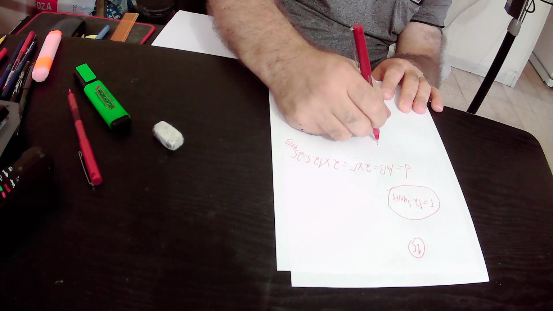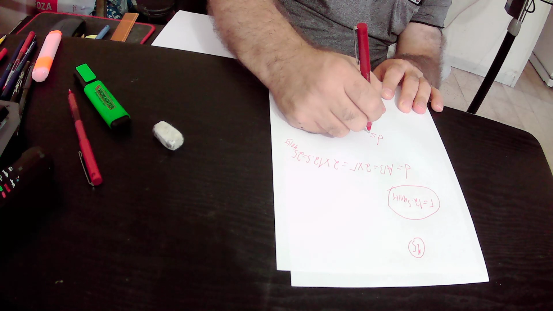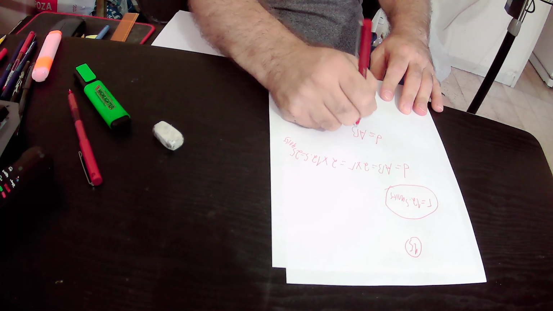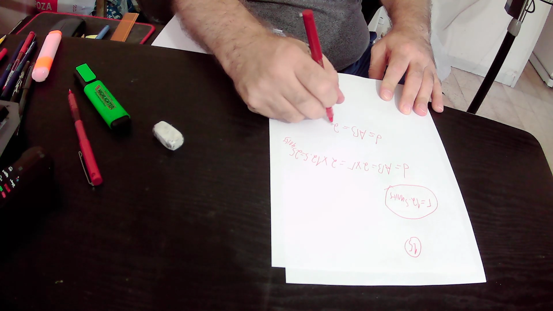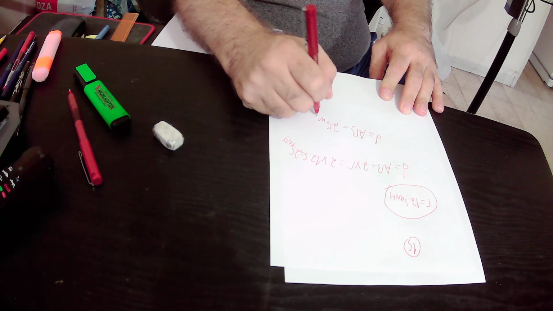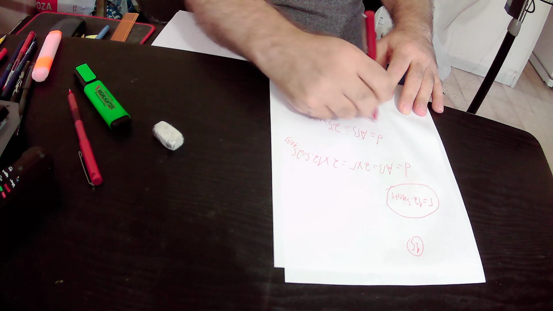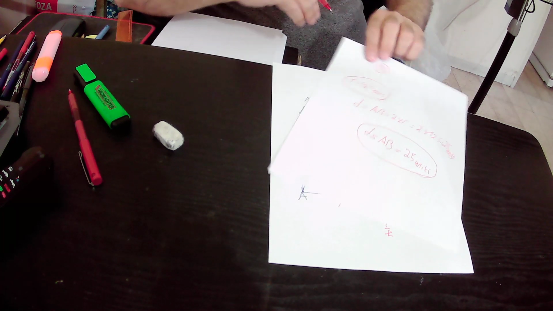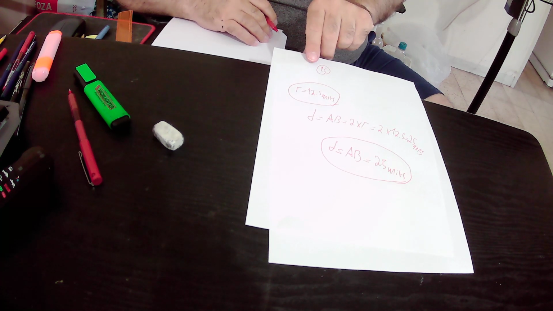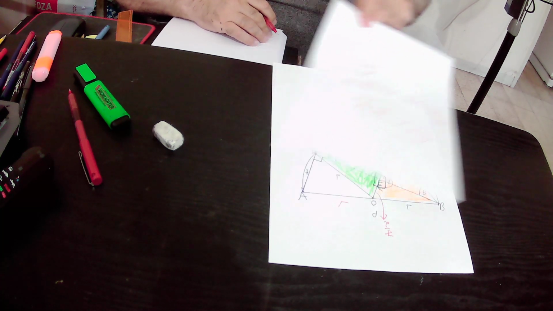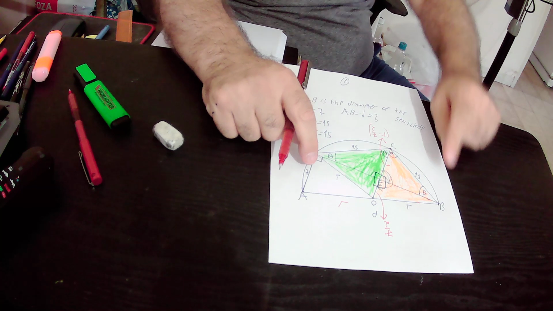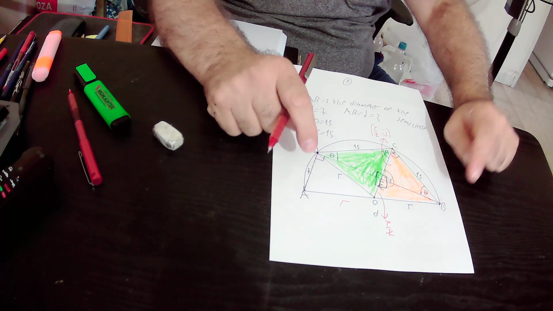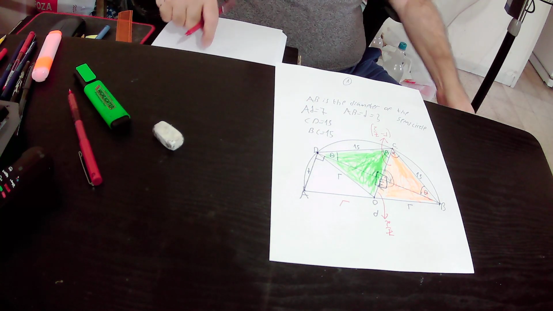So the answer to the question is that D, which equals AB, the diameter of the semicircle, equals 25 units. That is the answer to the question.